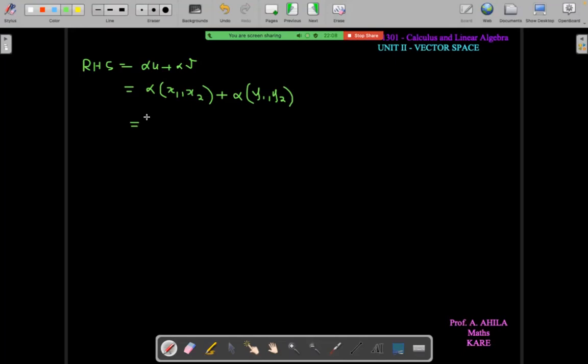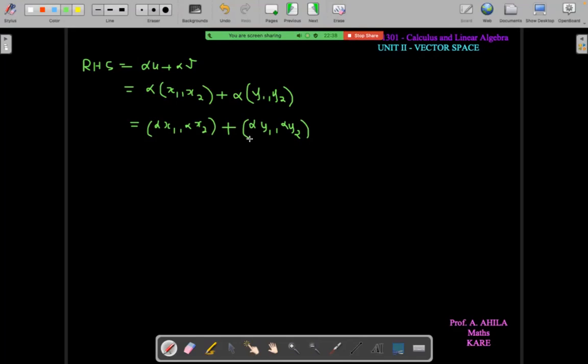Now here we make the scalar multiplication first for each term, then we add. So we get (alpha x1, alpha x2), this is the first term, plus (alpha y1, alpha y2).